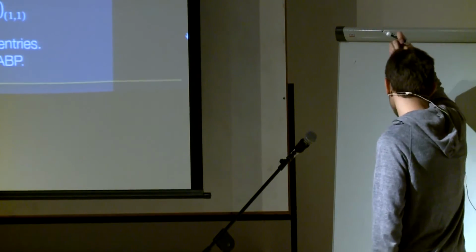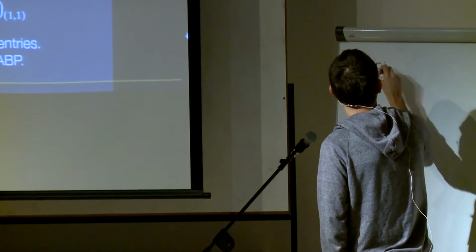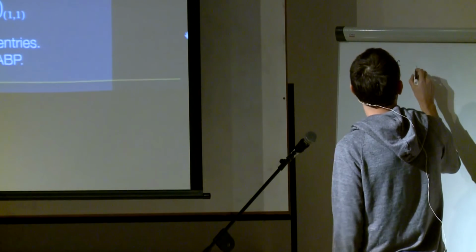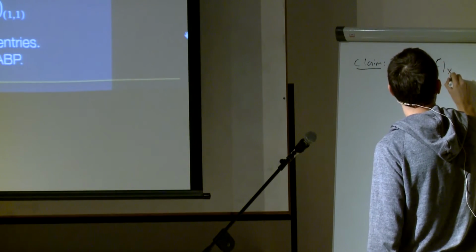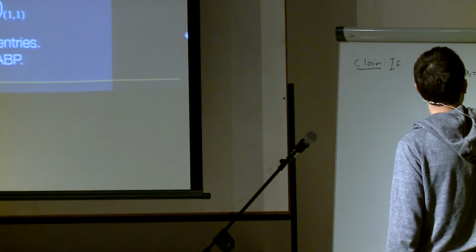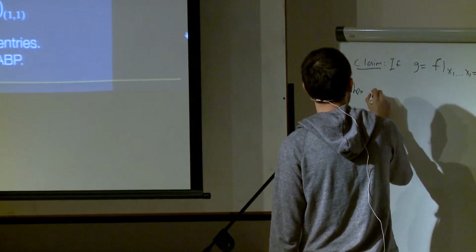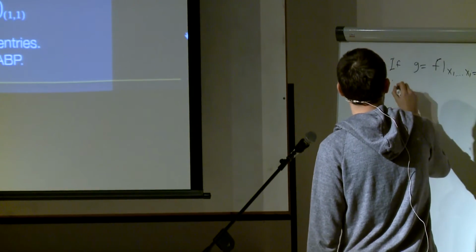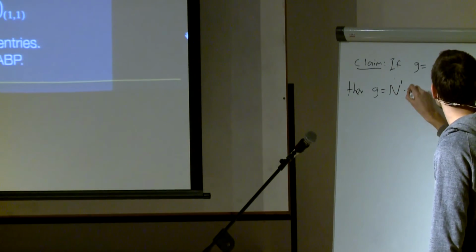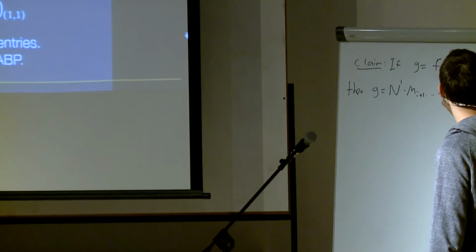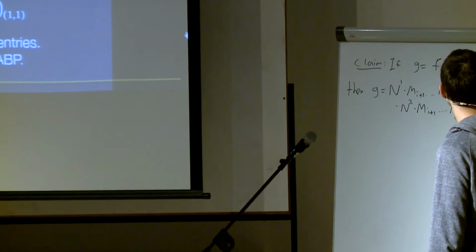Okay, so the claim was that if G is any polynomial that we get from F by restricting x1 through xi to alpha 1 through alpha i, then G is some matrix of constants, I call it N1, times mi plus 1 through mn, times N2 times m'i plus 1 through m'n.